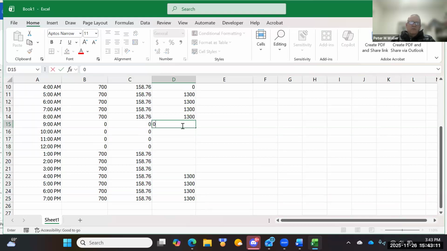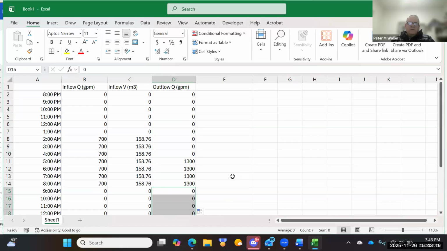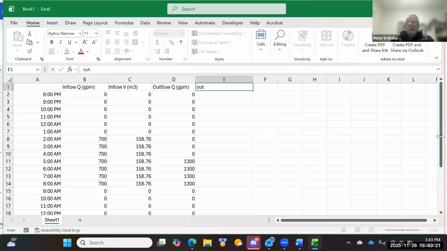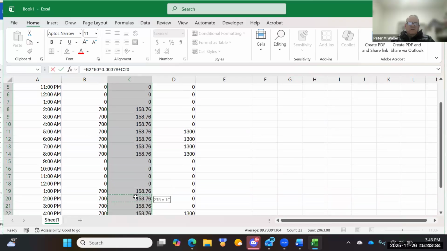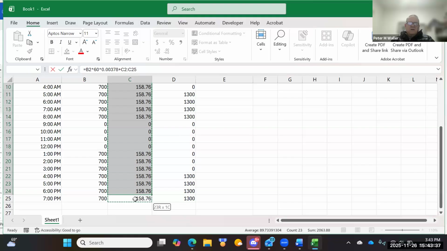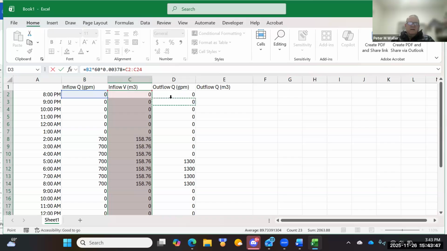And 0. Okay, and now I need my outflow cubic meters. So that's going to be the same equation as this one. Looks like I messed up on that. Let's try it again.